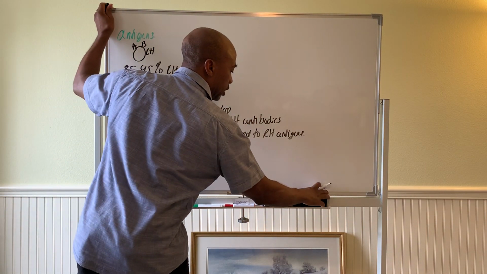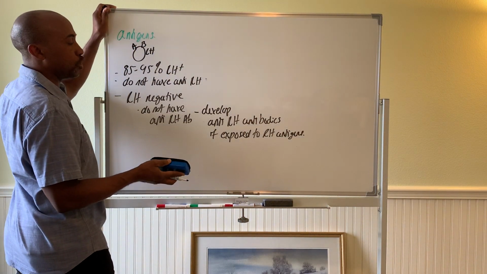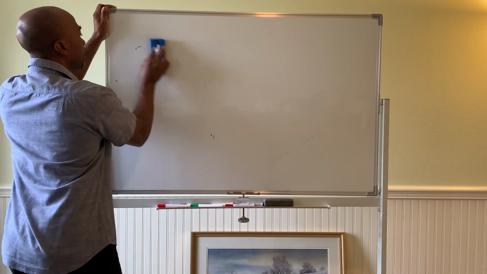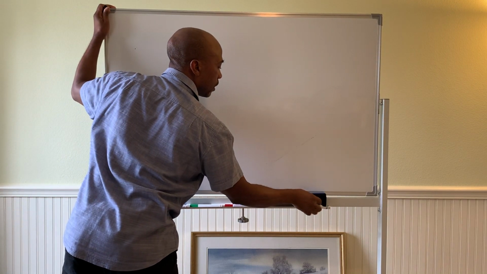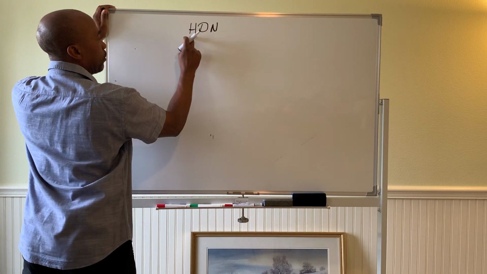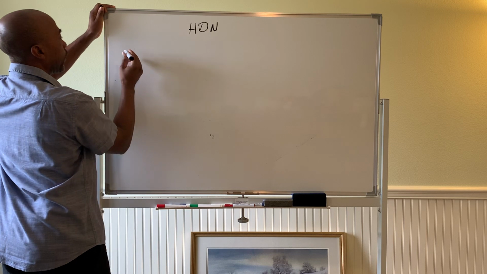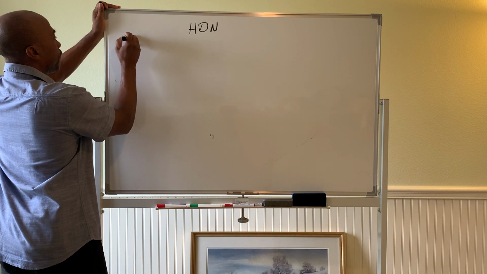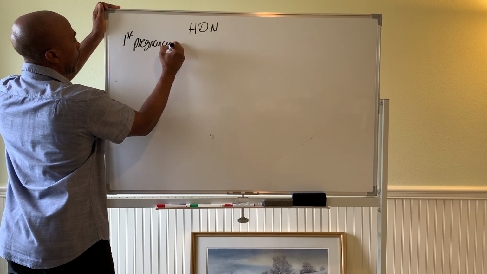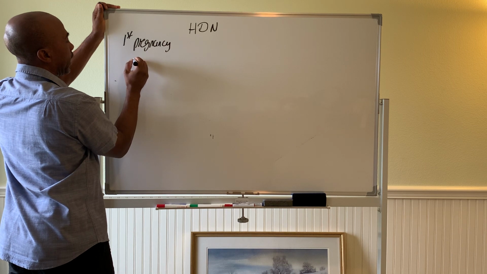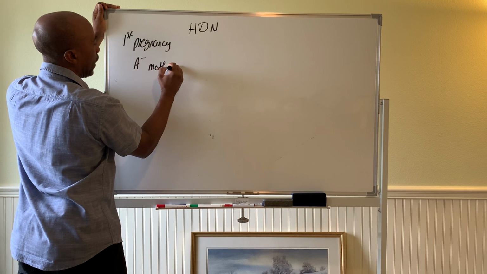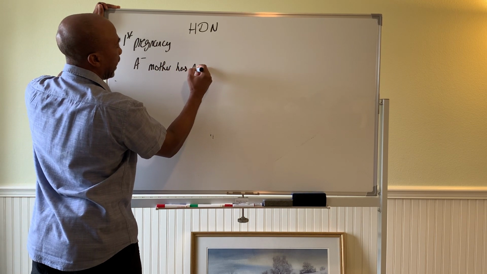So here, this is called the hemolytic disease of the newborn, HDN. So on the first pregnancy, let's say an example will be an A negative mother who has a positive baby.